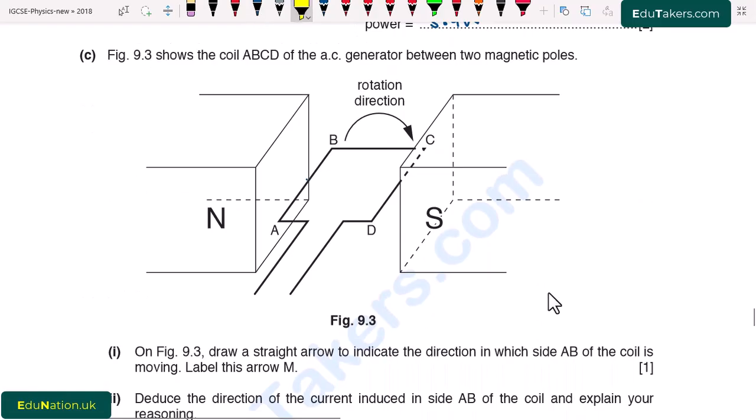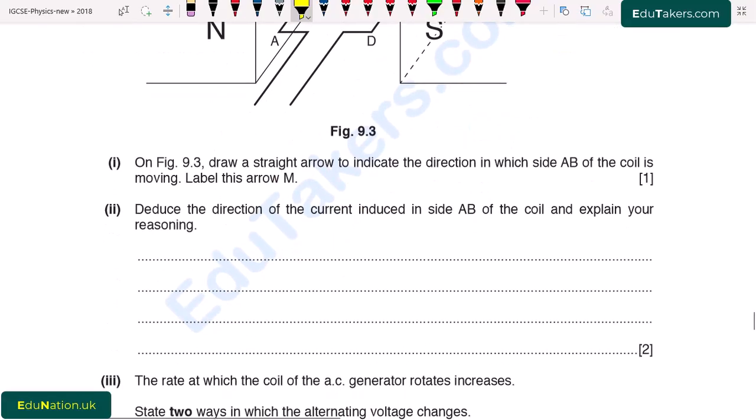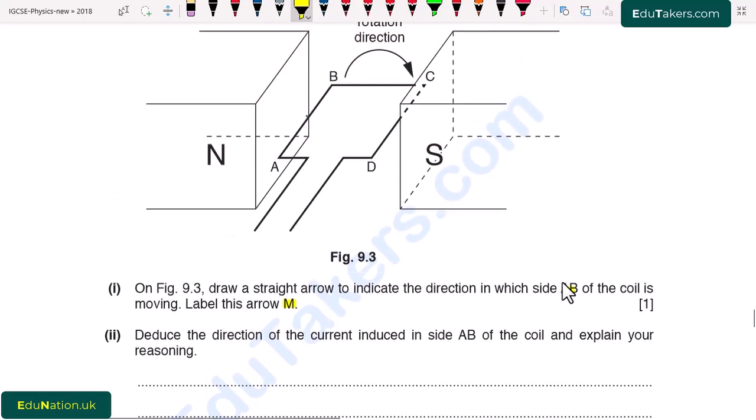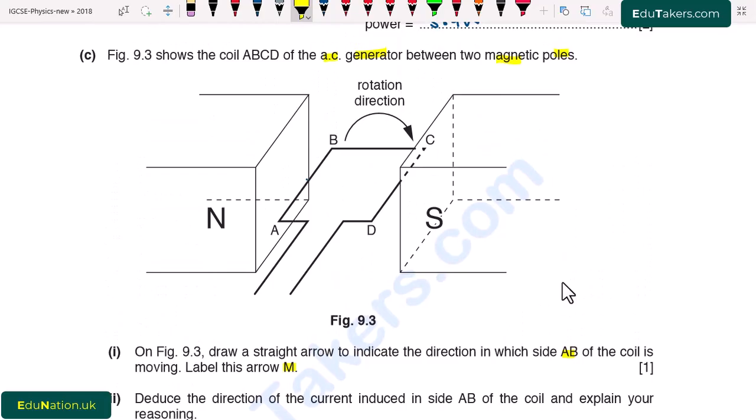Part C. Figure 9.3 shows the coil ABCD of the AC generator between two magnetic poles. Part 1. On figure 9.3, draw a straight arrow to indicate the direction in which the side AB of the coil is moving. Label this arrow M. So first of all, we can see here in figure 9.3 that the direction of rotation will be clockwise.